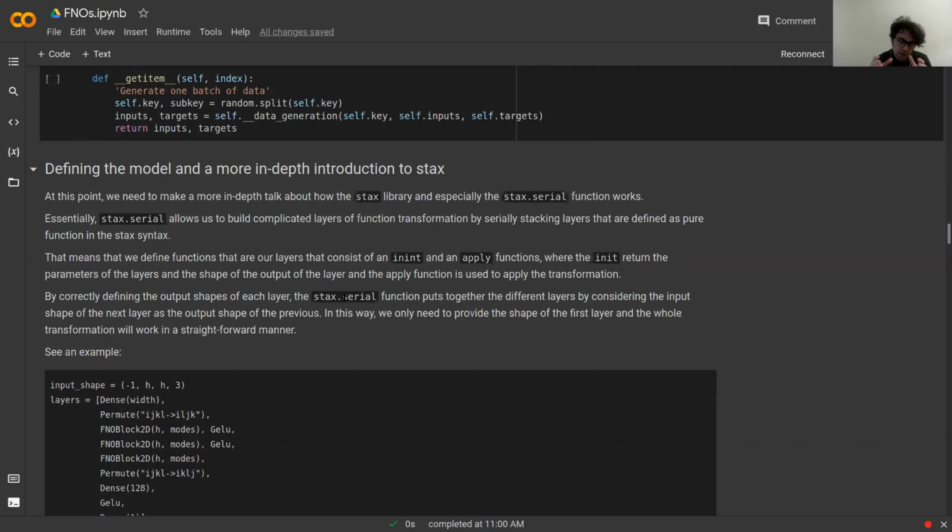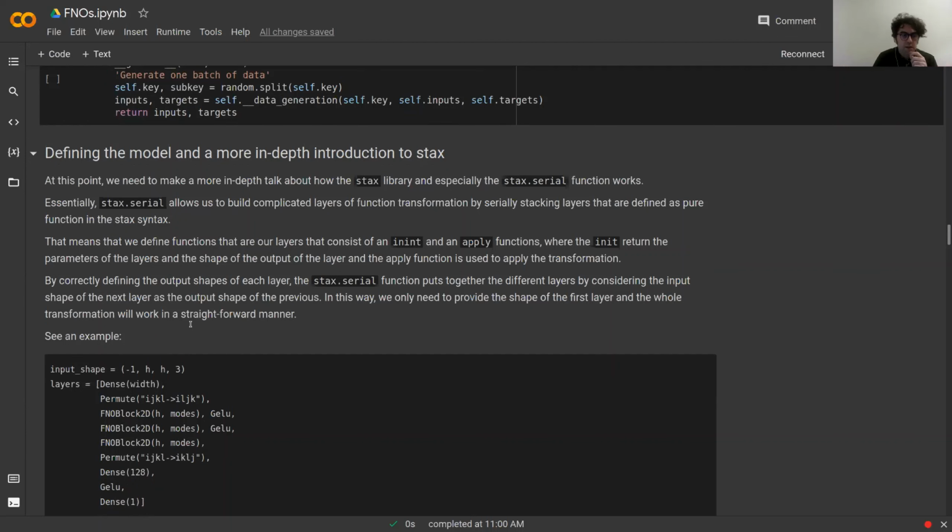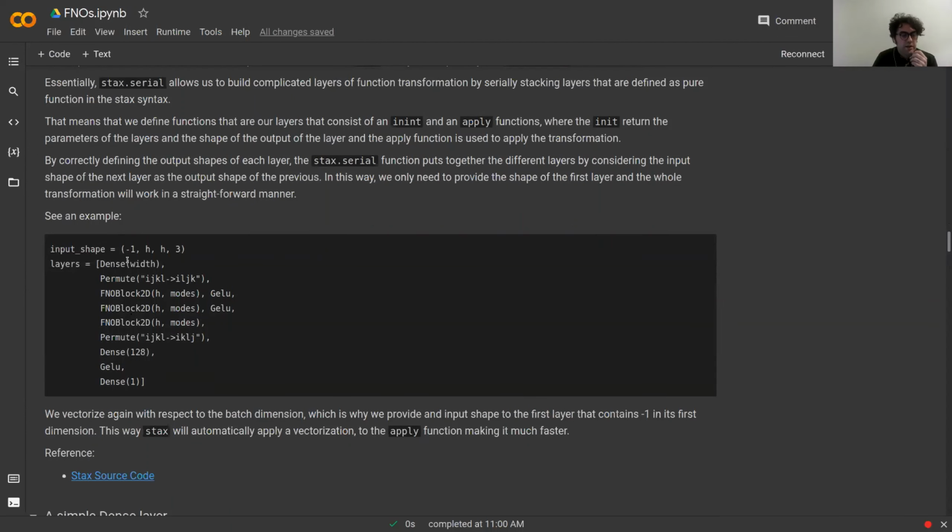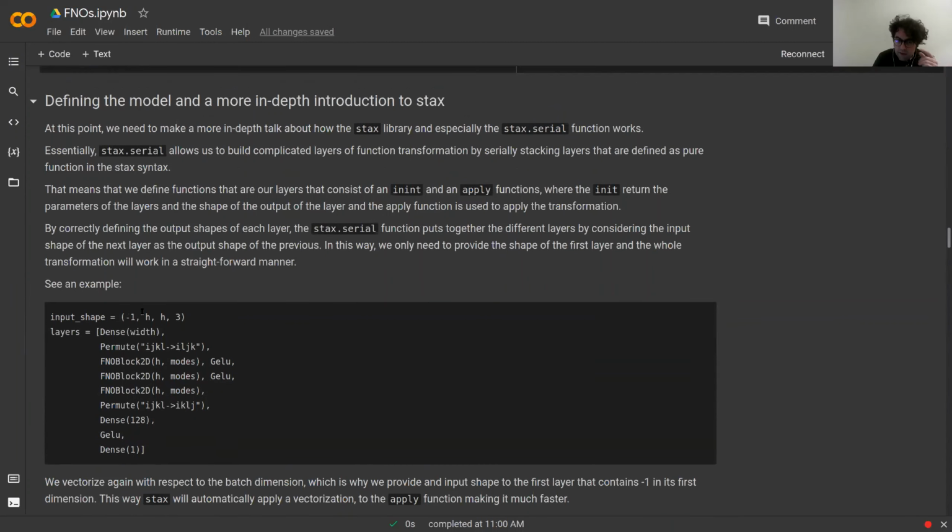We can take all those things, put them in Stax layers, and then stack them together such that we can apply all of them serially, like you see here, a dense, and then this iterative update. This is what we would like to do: stack all these operations one after the other to make them act iteratively.